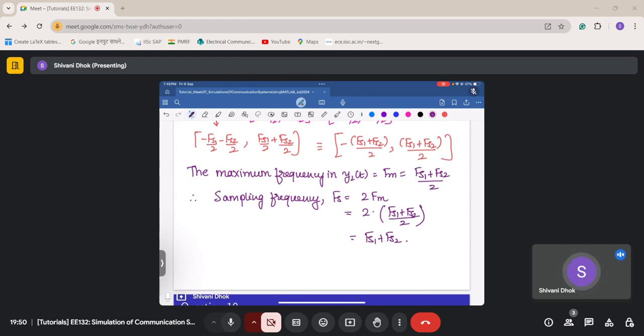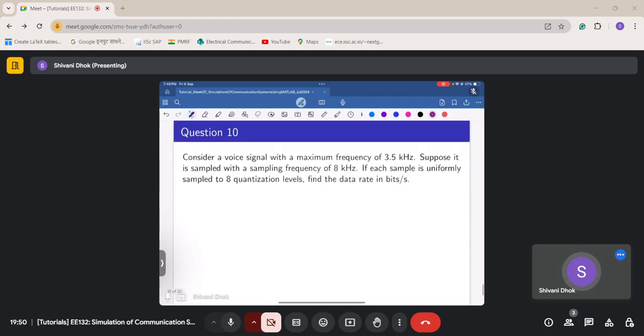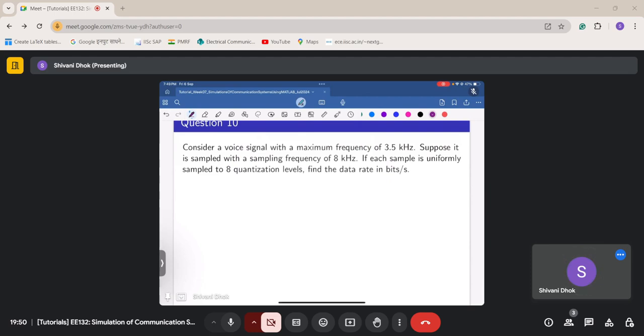Okay, if you don't have any questions, let me move on to the last question for today. It's a mixture of sampling and quantization kind of questions. It says consider a voice signal with maximum frequency 3.5 kilohertz. Suppose it is sampled with a sampling frequency of 8 kilohertz.